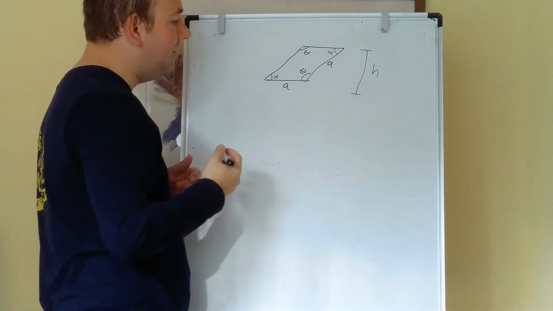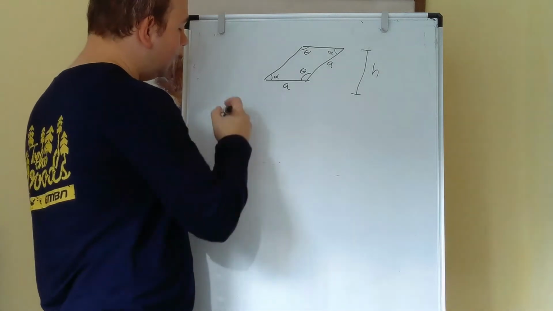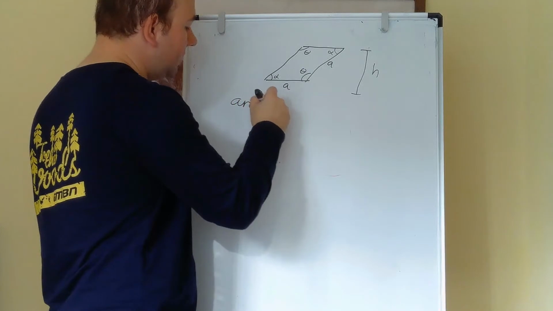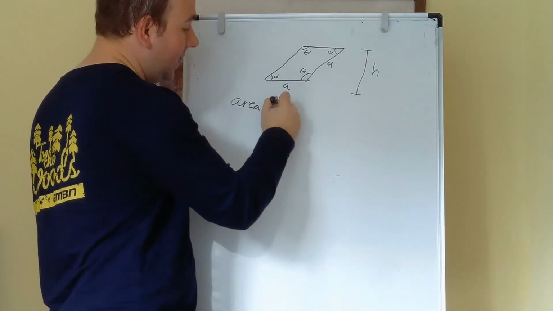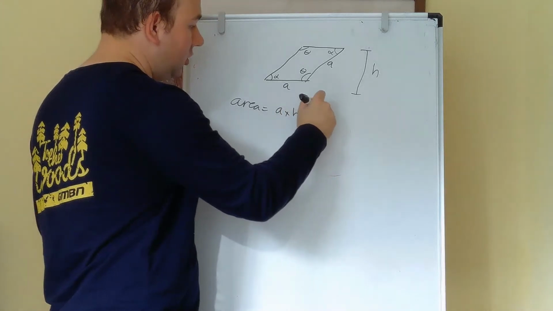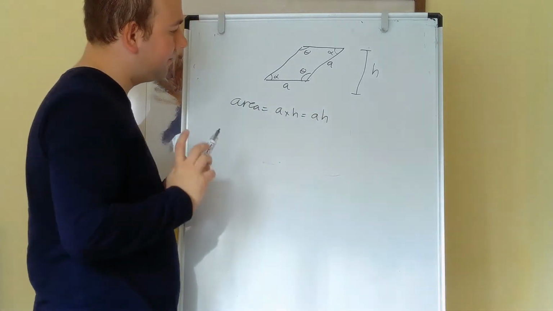So we can use the same formula as the parallelogram to find the area of a rhombus, which would just be, in this case, A multiplied by H, which is equal to AH.